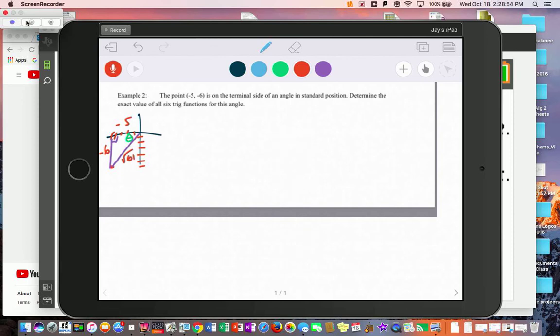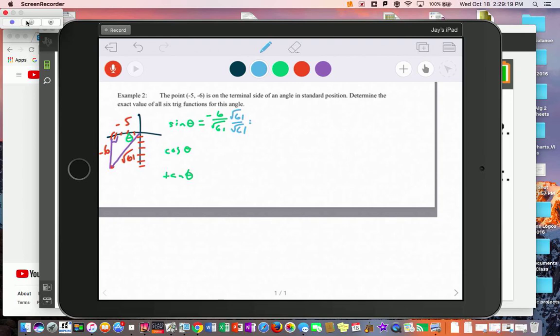And so this time when we do our trig functions, when I do sine, cosine, and tangent, this will be opposite -6 over the square root of 61. But we can't have the square root of 61 on the bottom. So I do a sneaky form of 1, which is square root of 61 over square root of 61.